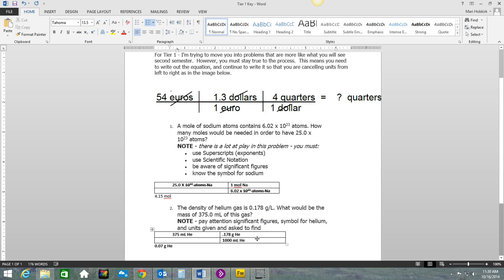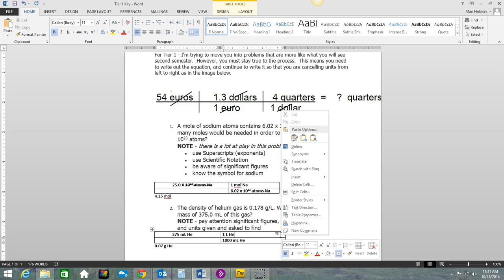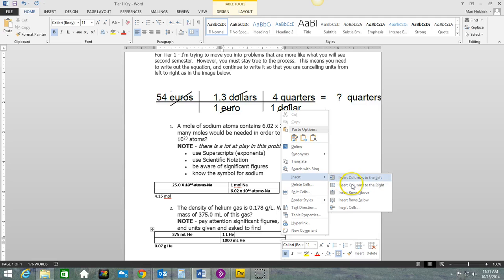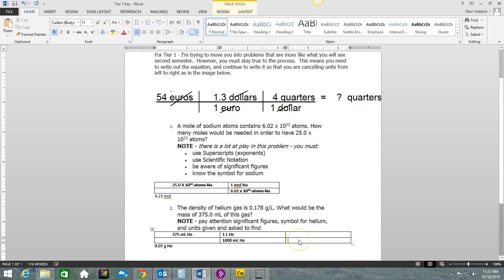Now I could have put in another term where I had 1,000 milliliters helium would go to 1 liter of He, and I could put in another term on my table where I had to put 1 liter He goes to 0.178 grams He.